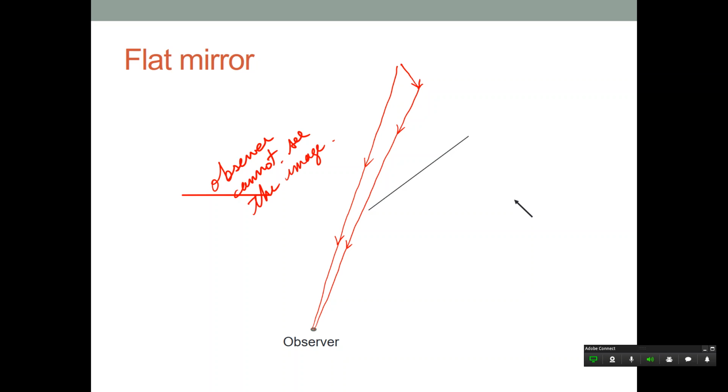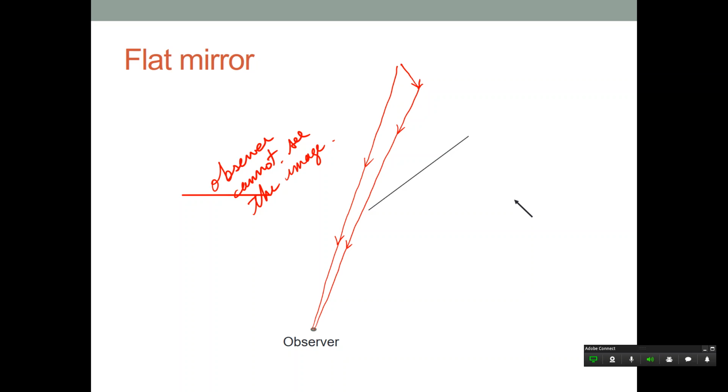So my next question to you is, what can the observer see? What's the field of vision of the observer? Okay, I'm going to change colors for this. So the question is, what's the field of vision?